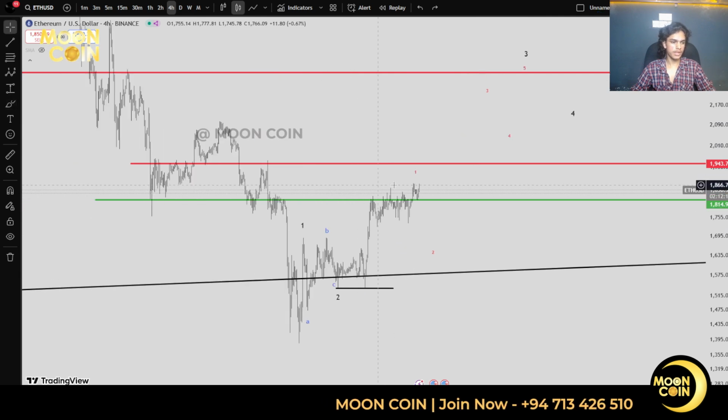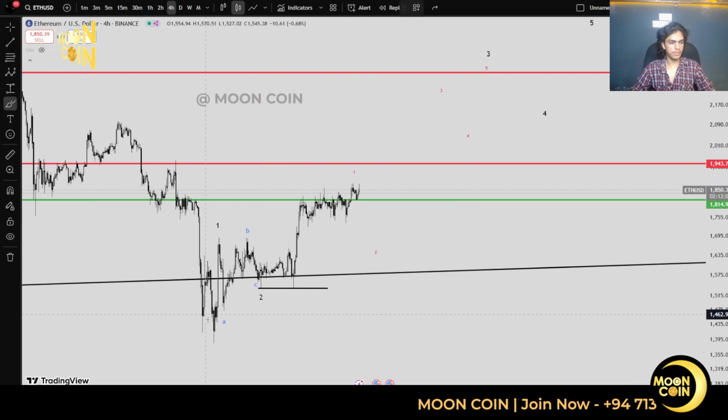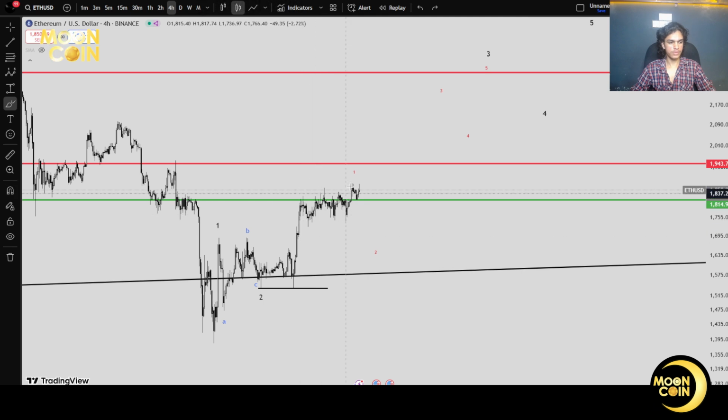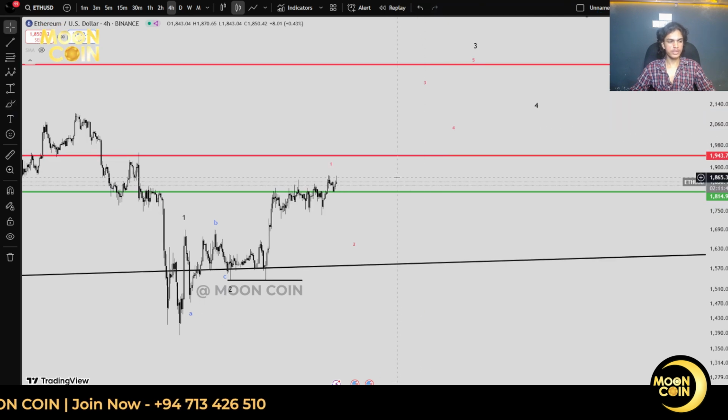What I expect is, when the 1-to-1 happens, the same distance as this, this one should come for a pullback for the second wave to complete, and then we can have an impulse to the upside. So that's the bullish scenario for this market.